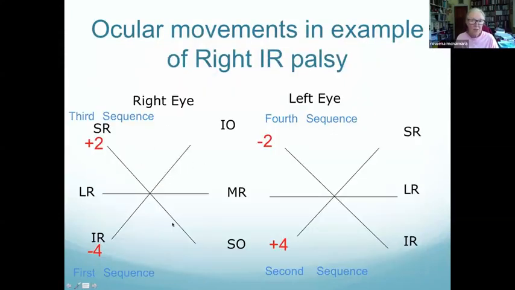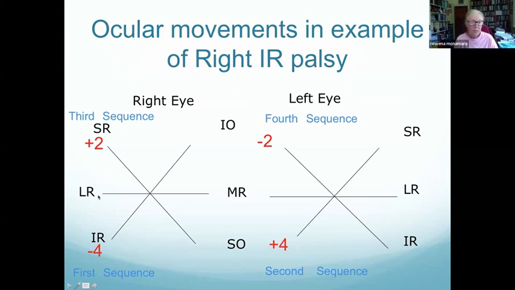And how we transfer that into the eye diagram is that we put by the inferior rectus of the right eye -4. That's the first primary underaction. The secondary overaction of the contralateral synergist is the overaction of the left superior oblique.